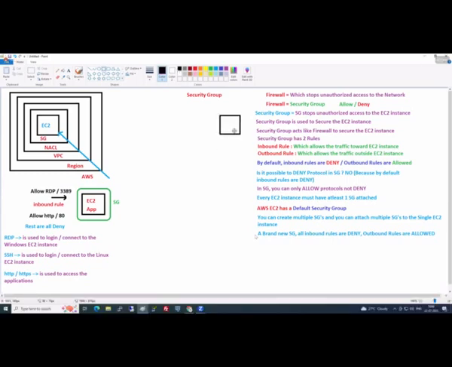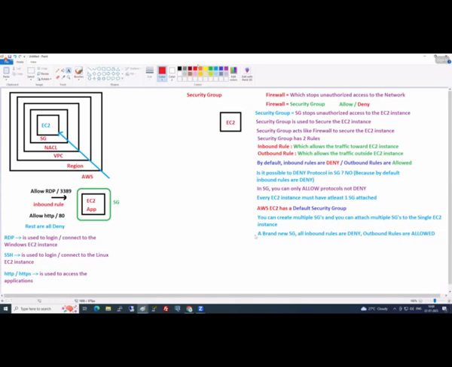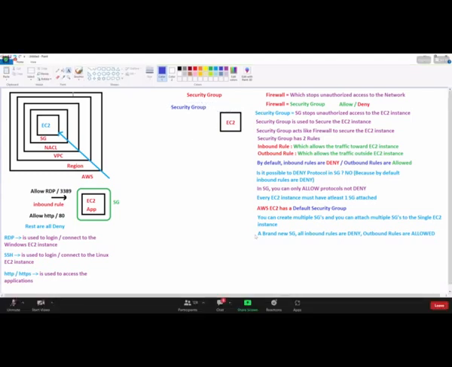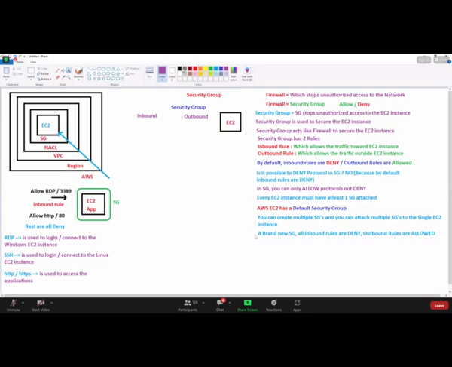If you take this EC2 instance, this is EC2. So the EC2 instance is secured by the security group. How many types of rules are there? 2 types, right? One inbound rules, and then outbound. By default, inbound rules are deny.